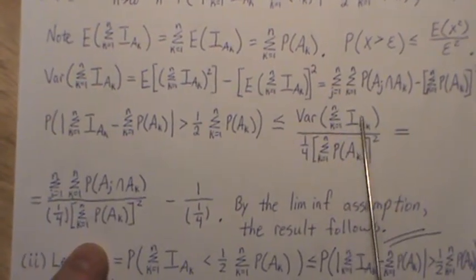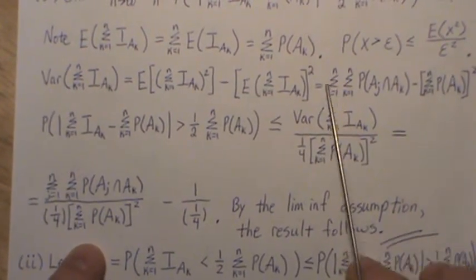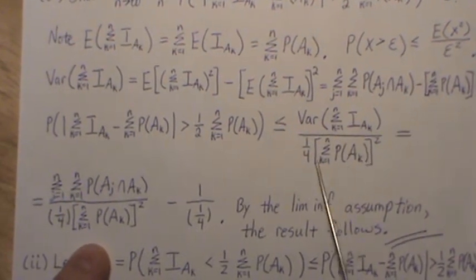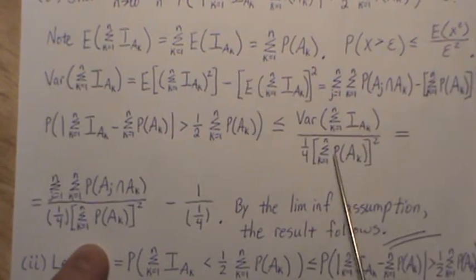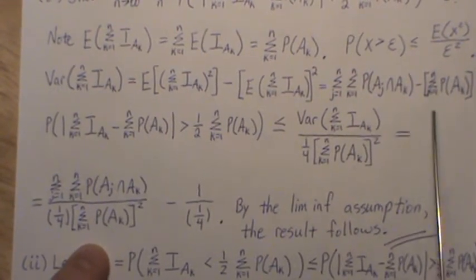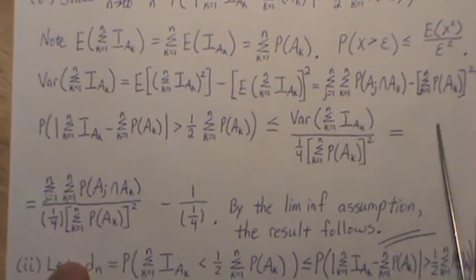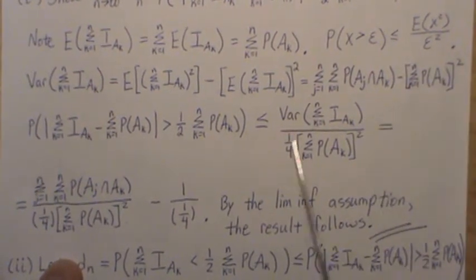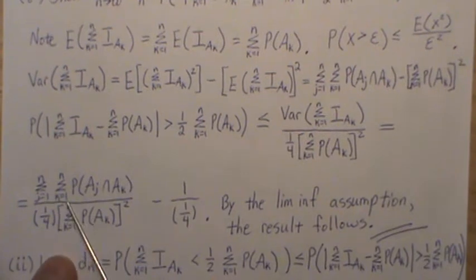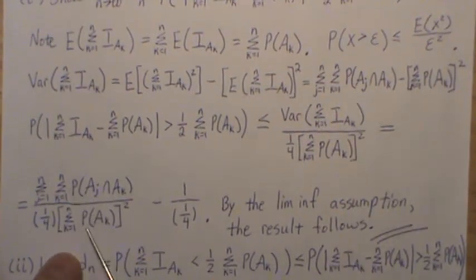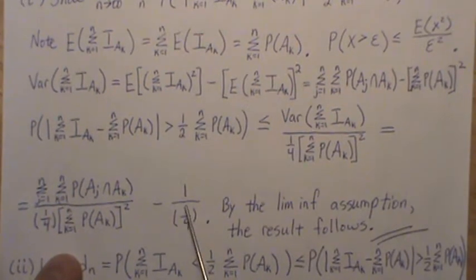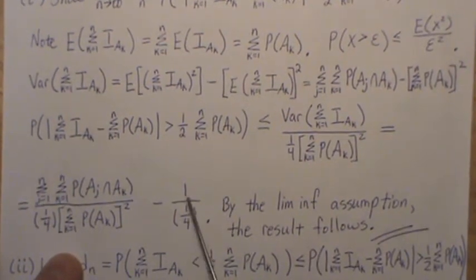So the variance is this piece right here, right? If we put this piece over here and this piece over that one, we get this. So those cancel on this piece, and then this comes down. We get the double sum of that divided by the quantity squared, minus 4. 1 divided by 1/4 is 4.